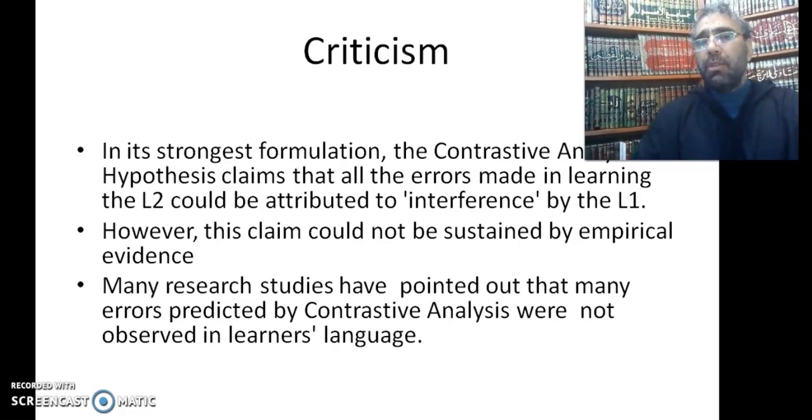Now, "I go," you cannot attribute it to interference from French, because the French language has nothing to do with this kind of error. So it's not because of interference. But here it says all the errors made in learning the L2 could be because of interference of the L1. So this is not true.